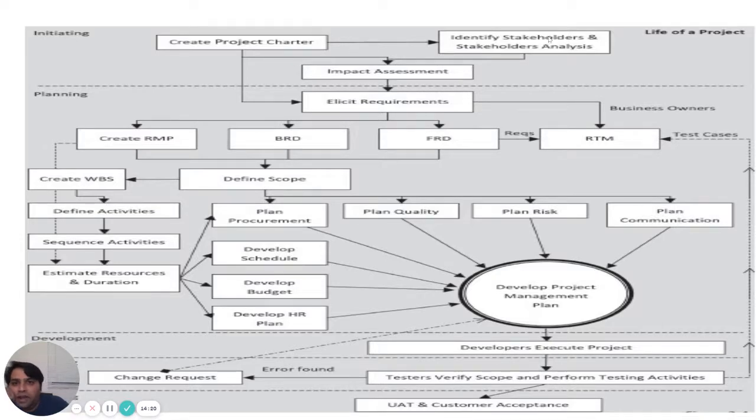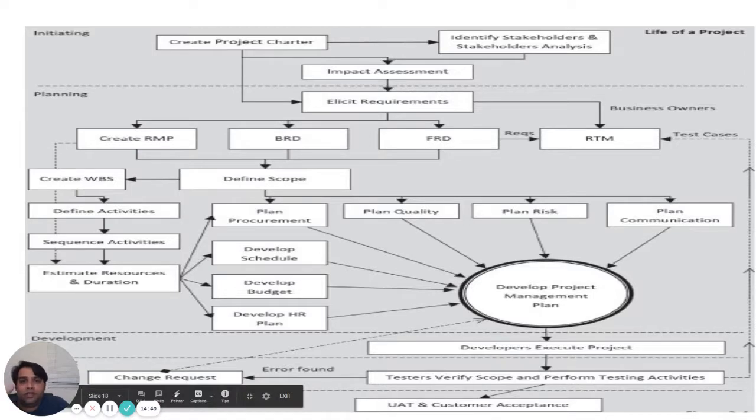So here: identify stakeholders, stakeholder analysis, impact assessment, create a project charter, everything. This is the initializing phase, right? Then planning, development.